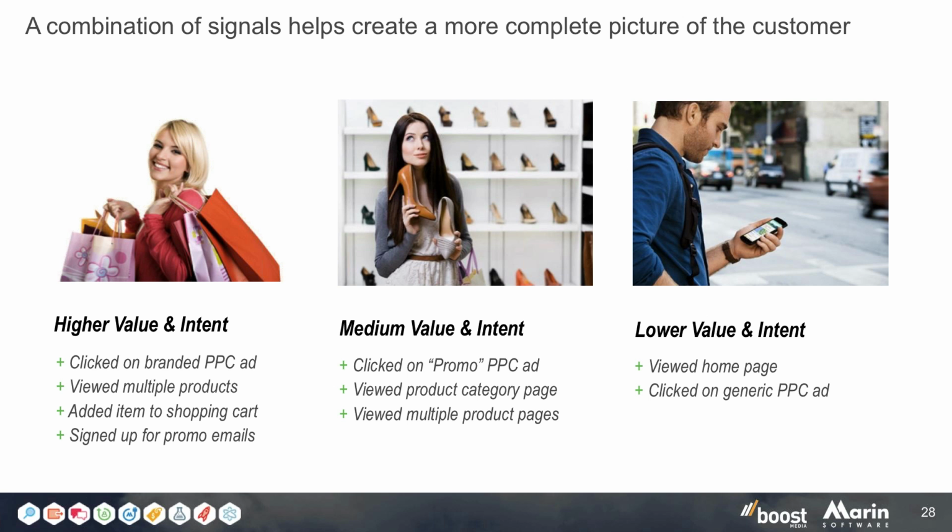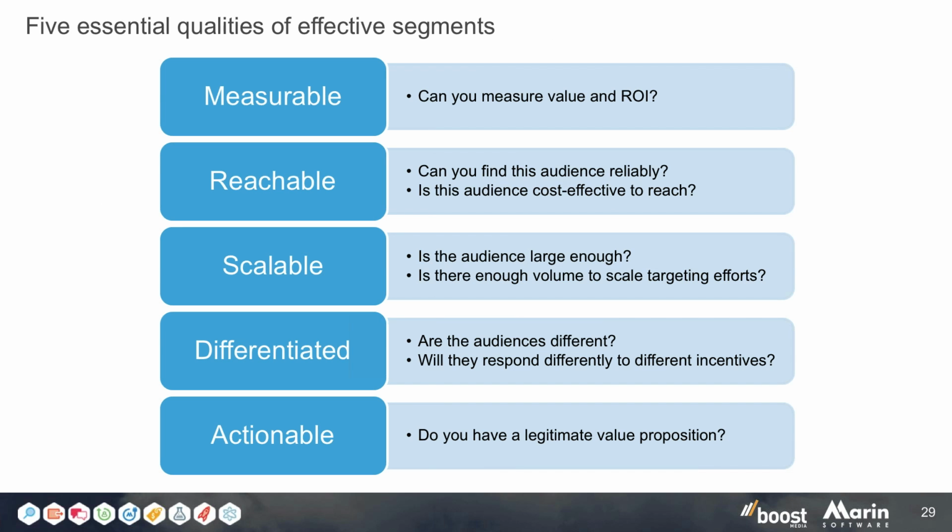But eventually, what you want to be able to do is take all those different pieces and tie them together and ultimately create audience segments or audience personas. For example, if a particular visitor arrived on your site, clicked on a branded keyword ad, looked at a few different products, added an item to their shopping cart, and then left early, the combination of those signals is going to paint a much fuller picture of that potential customer than standard cart abandonment retargeting.